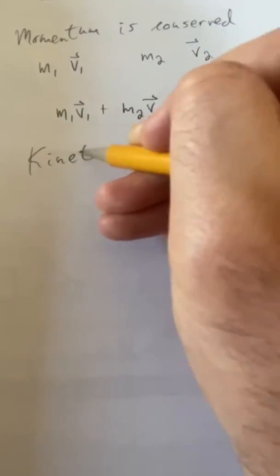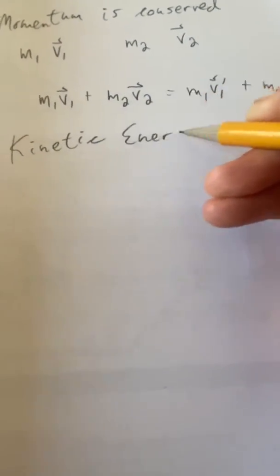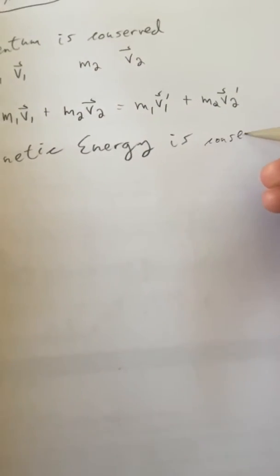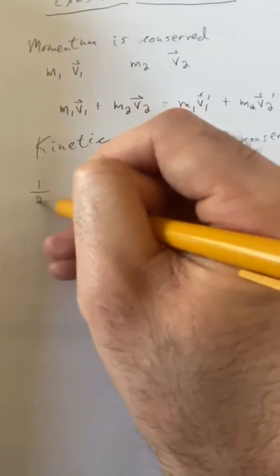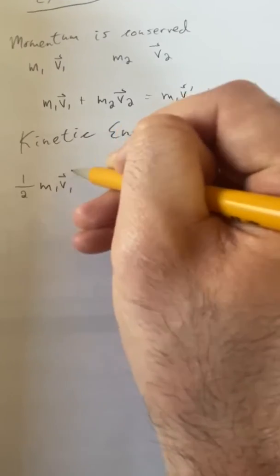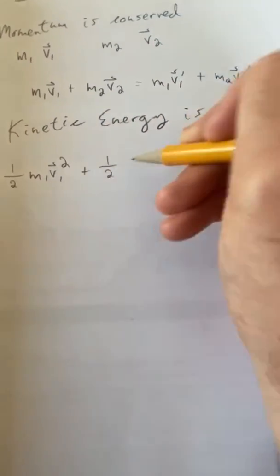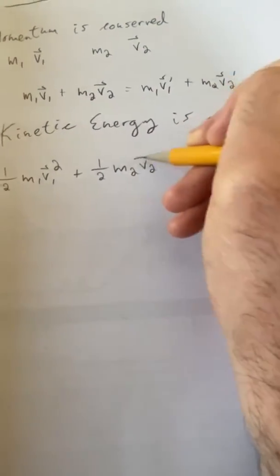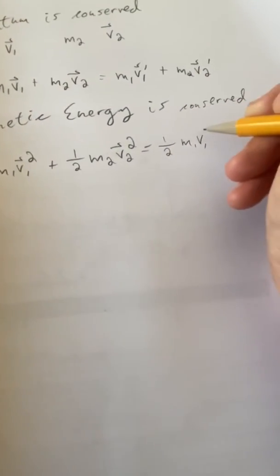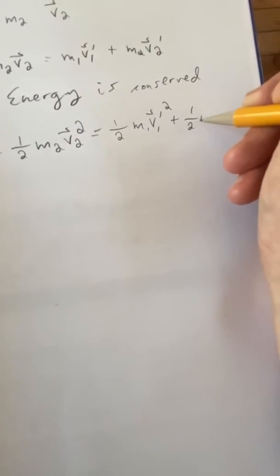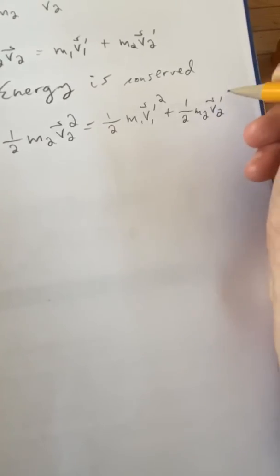The second is kinetic energy. That's also conserved. Okay, so how do we express that? We say that 1/2 m1 v1 squared plus 1/2 m2 v2 squared equals 1/2 m1 v1 prime squared plus 1/2 m2 v2 prime squared.